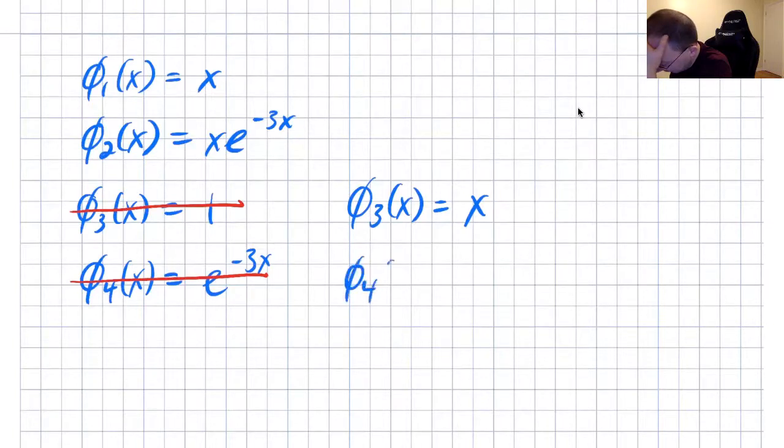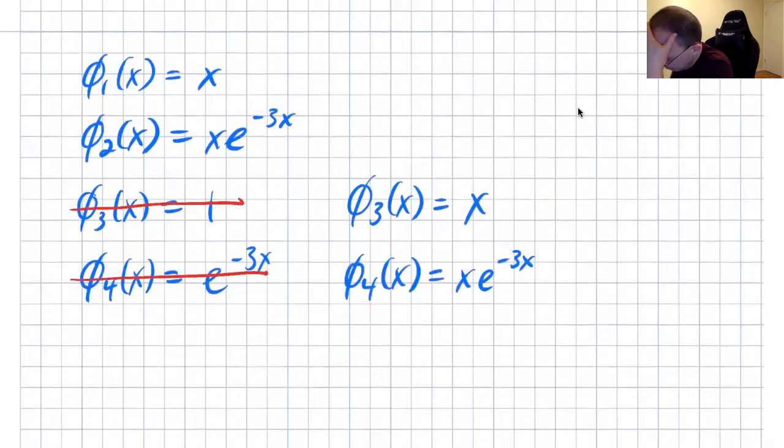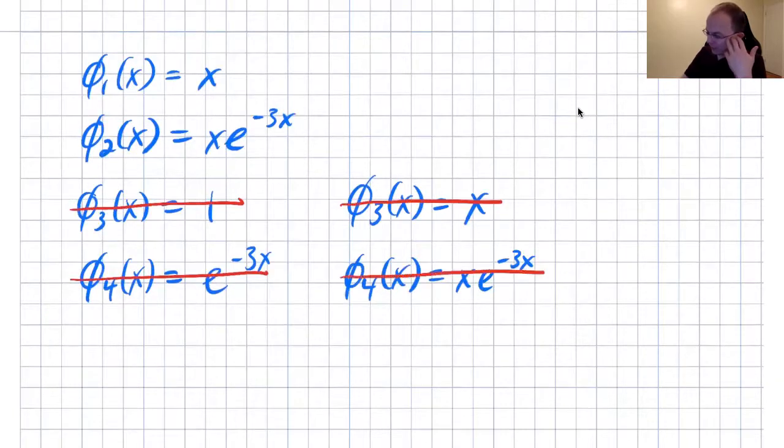If I multiply this by x, I'm going to get x e to the negative 3x, and that already appears right here. So these ones have to be rejected again because we need 4 different functions. These are redundant functions that we don't want. So we'll reject these ones again, and we will again multiply by x.